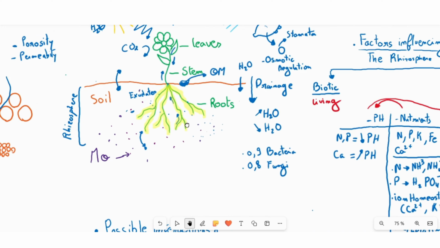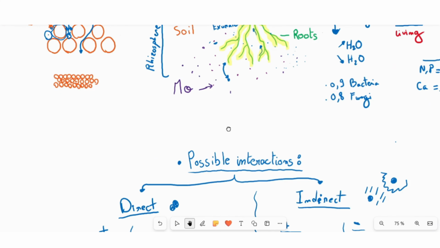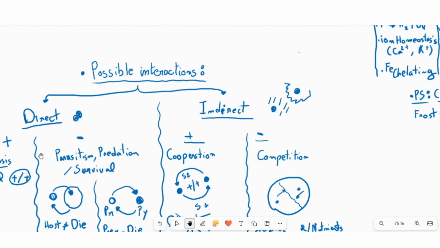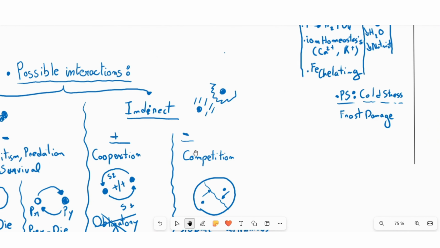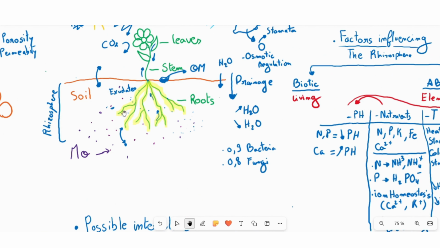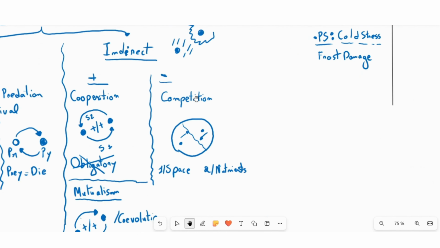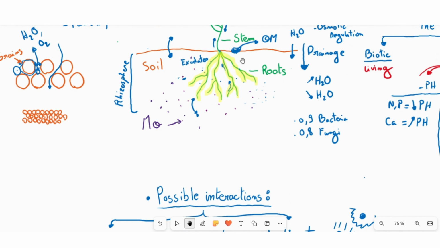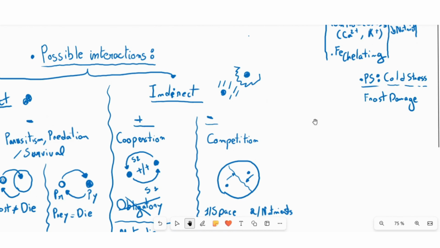So when bacteria form a biofilm over the root system and form a sort of symbiosis, what's happening is that it is preventing other pathogens and other microorganisms from adhering to the surface of the roots. So they are basically competing over the space of the root system and the nutrients, the exudates that are provided by the plant, as you can see.